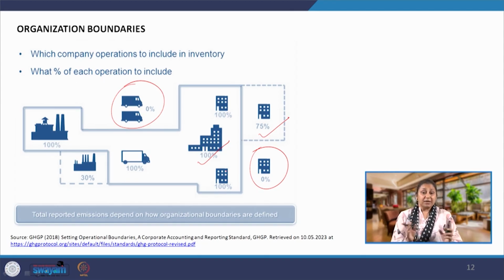So, the bigger the company is, the more assets it has, and the wider its distribution network, we will have to invest a lot of time to understand what my organization boundaries are. For example, if you read the protocol, and I will give you a lot of different examples too, a very large cosmetic giant.